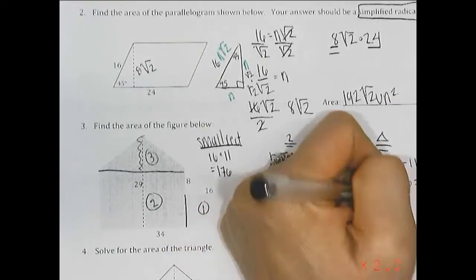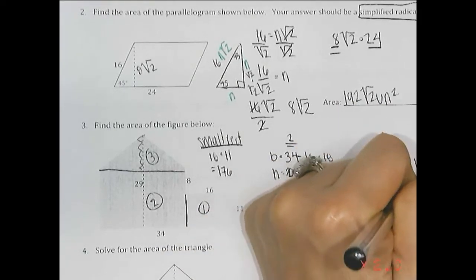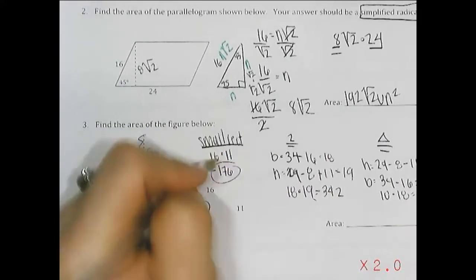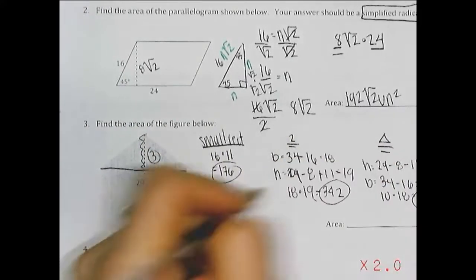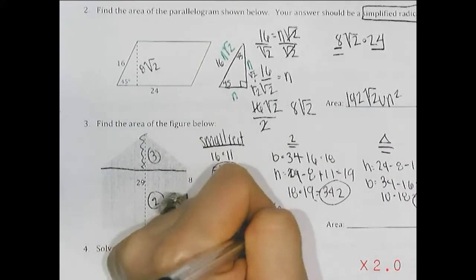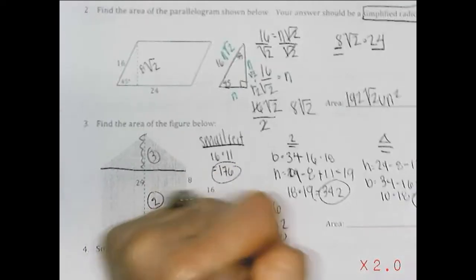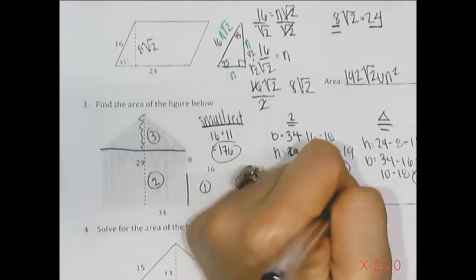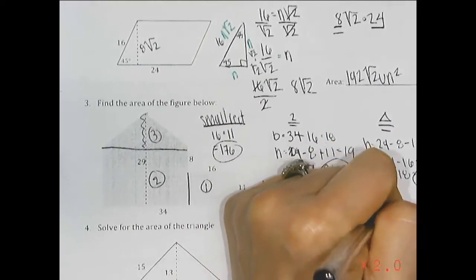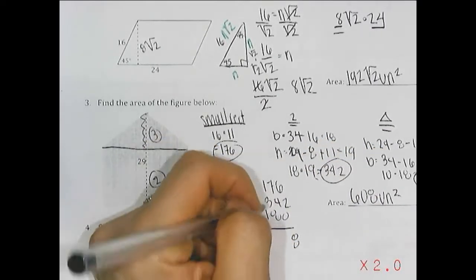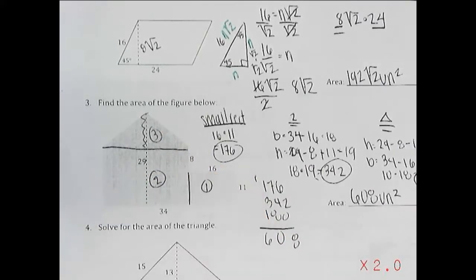That would be 10 times 18, which gives me 180. I'm then going to add all of them together. 176 plus 342 plus 180, and I will end up with 608 units squared.